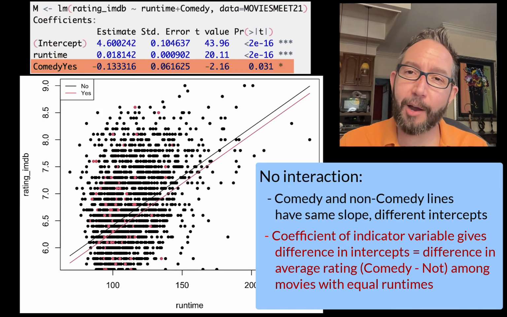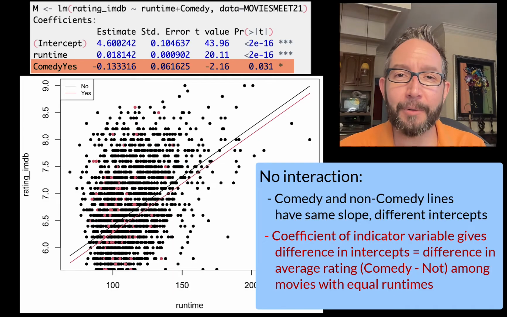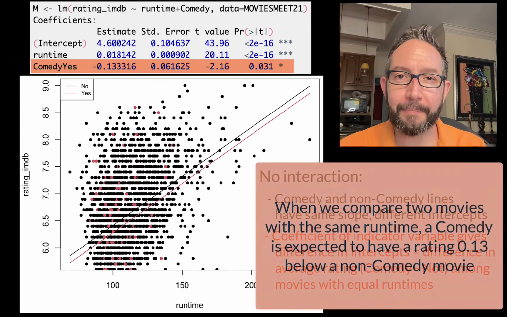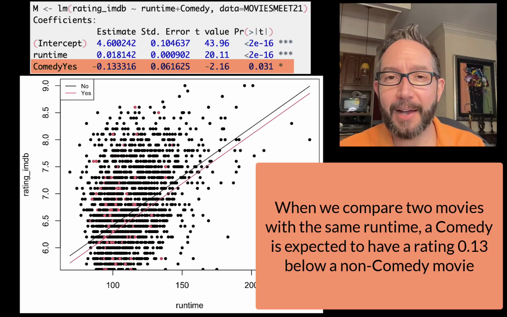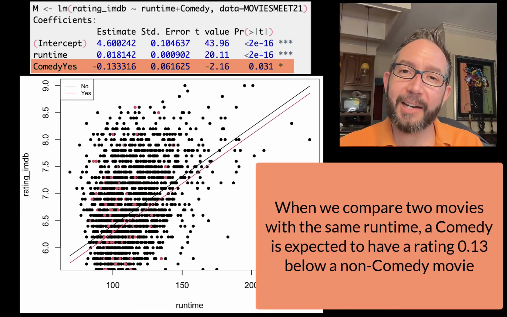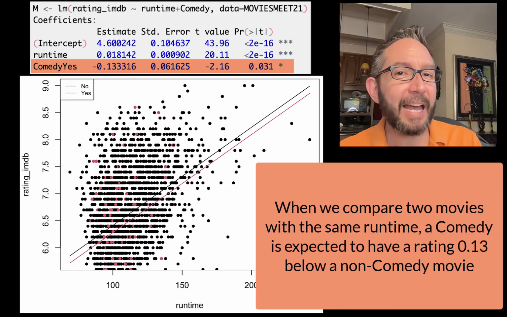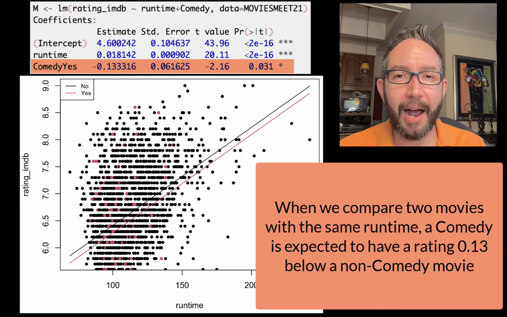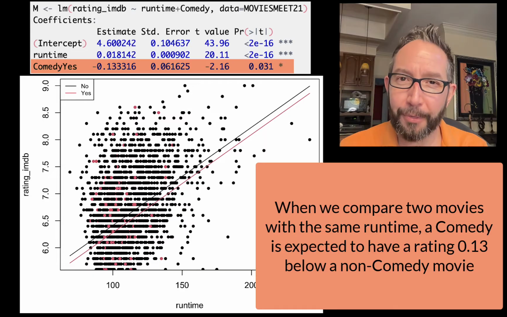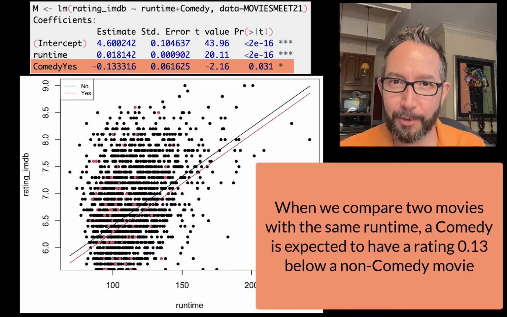If we look at the coefficient of our indicator variable, we get minus 0.13. It is statistically significant because that p-value is less than 0.05, so it's letting us know that when we compare two movies with the same runtime, the comedy movie is expected to have a lower IMDb rating by about 0.13 compared to non-comedy movies.